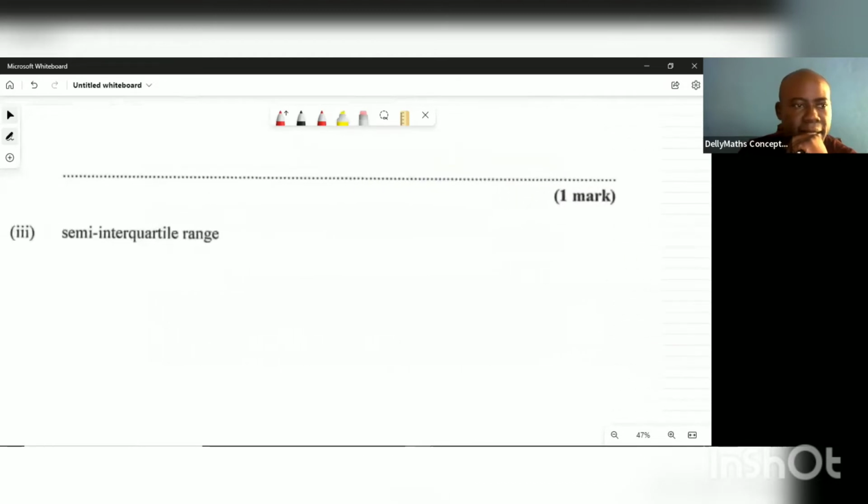The next question says the semi-interquartile range. Now, what is the semi-interquartile range? The semi-interquartile range comes from the interquartile range first.